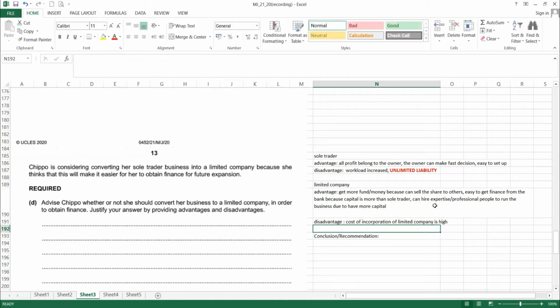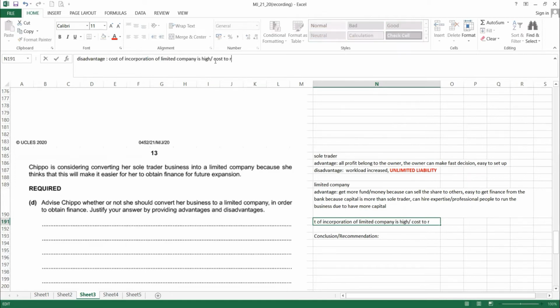If you don't want to say cost of incorporation, you can say that the cost to run a limited company is higher than a sole trader. So this is a disadvantage that we have.